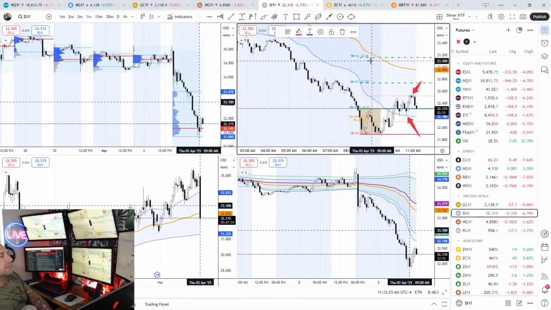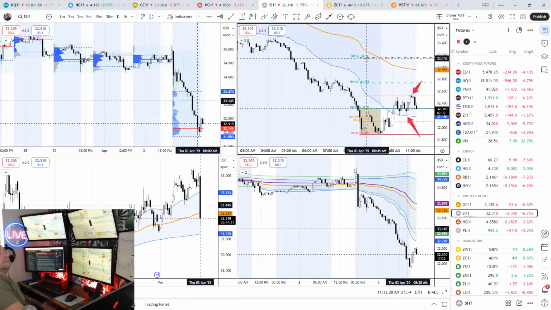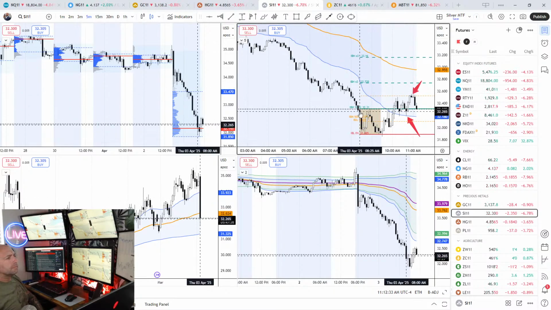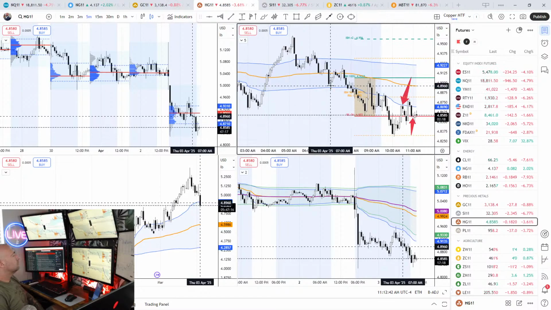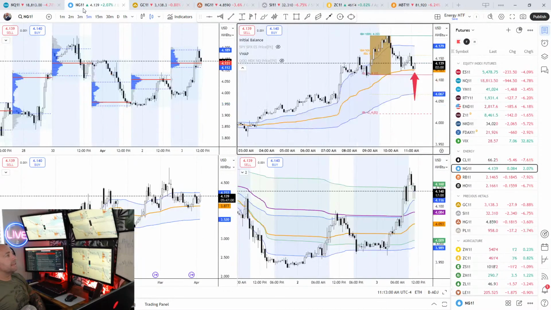Level to level. Now it looks like we are getting a bounce again.